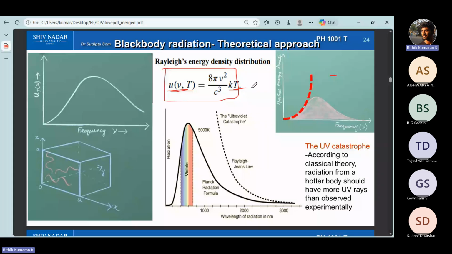So basically, what they say here is, if you have to find the energy density of a place, we should multiply the energy of one oscillator by the total number of oscillators present in that particular area.